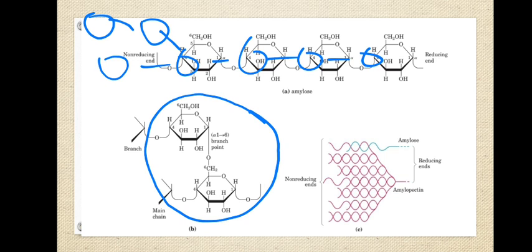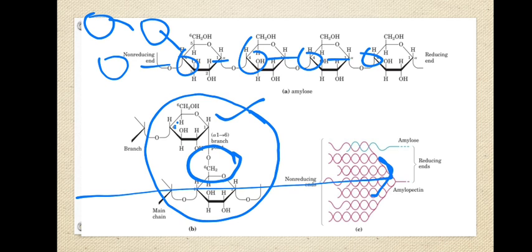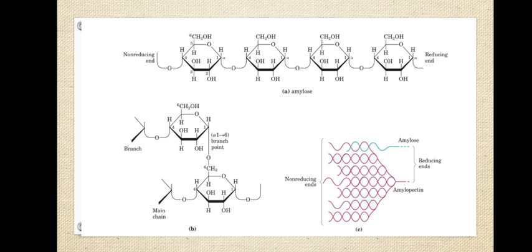Now what is this 1,6? 1 is the first carbon atom of this particular glucose molecule, and OH from the 6th carbon atom of the branched type. Let us say this is a linear chain running on both sides.